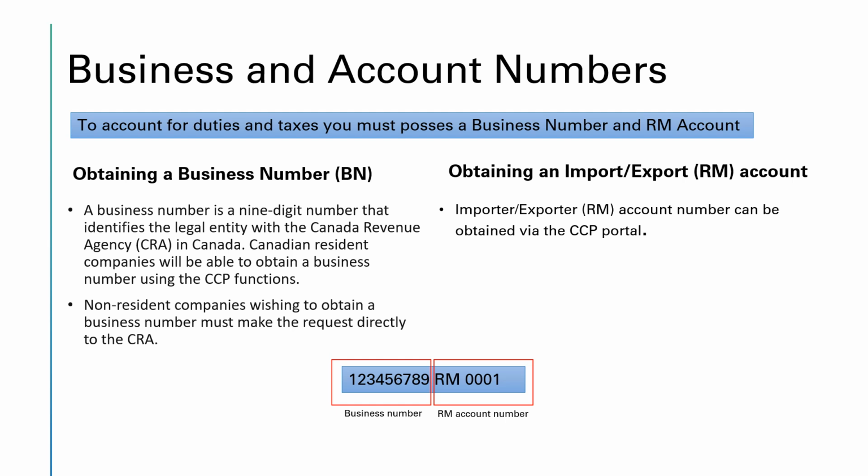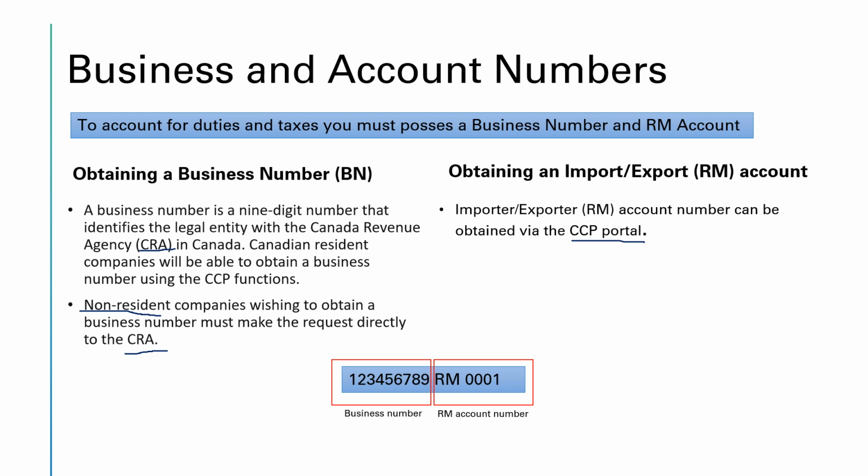Along with the business number, you also need an import-export account with CBSA, and you can obtain that account number through the CARM portal. So the business number is obtained with the CRA, using the portal if you're a Canadian resident, or going directly to the CRA if it's a non-resident.